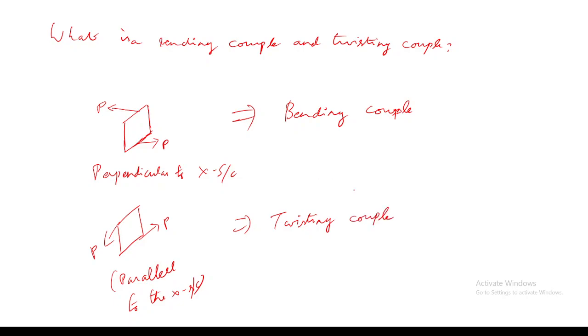So this is clear, right? When you will have a bending couple and when you will have a twisting couple. So the next thing is the sign convention of shear force and bending moment diagrams. What is meant by a shear force?